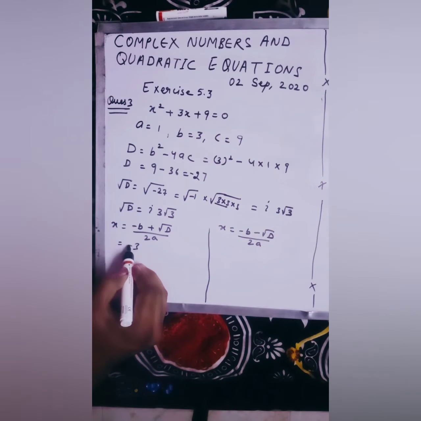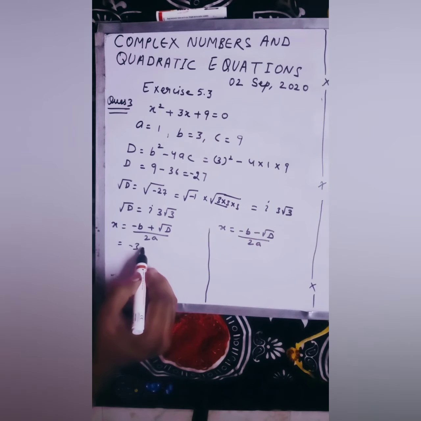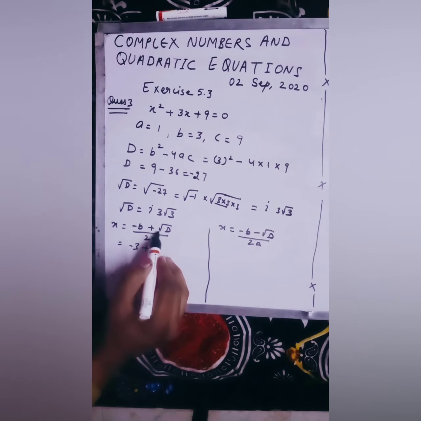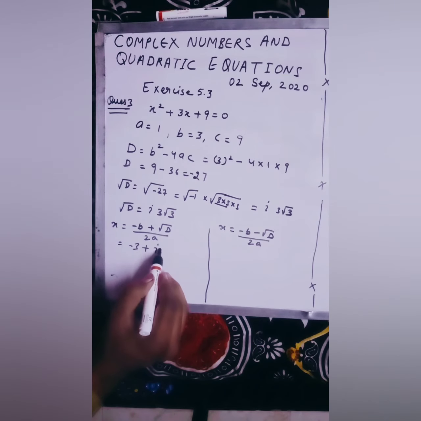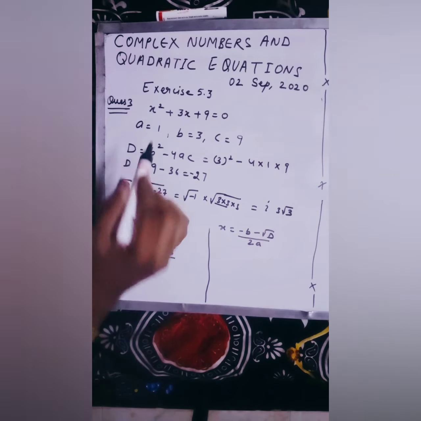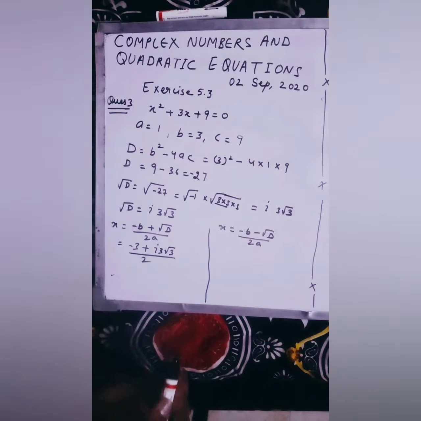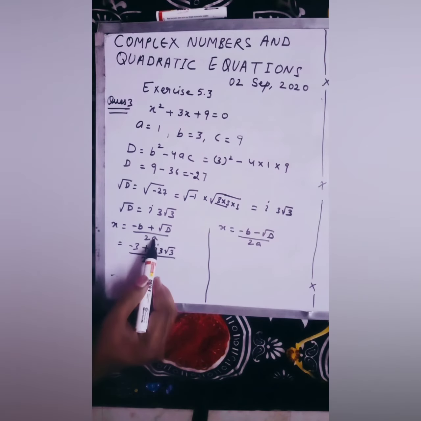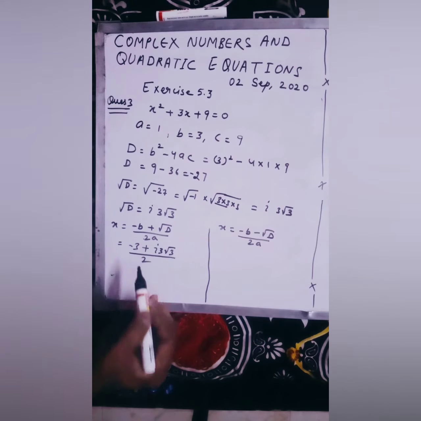This minus sign you have to copy, plus the value of root d, which is iota 3 root 3, over 2 into a, that is 2 into 1, so it will be 2.